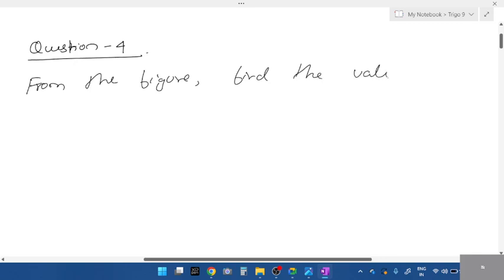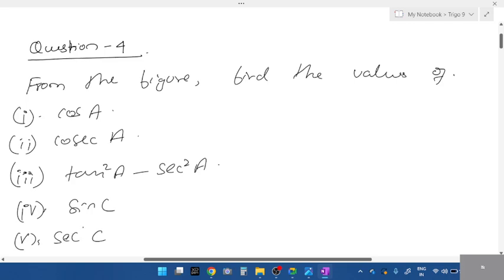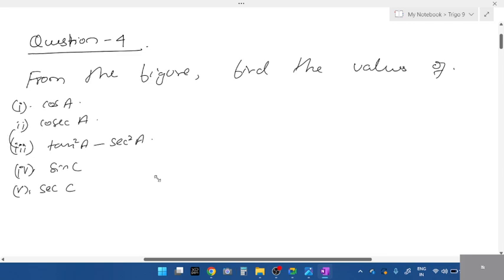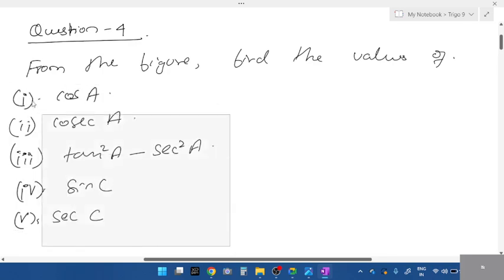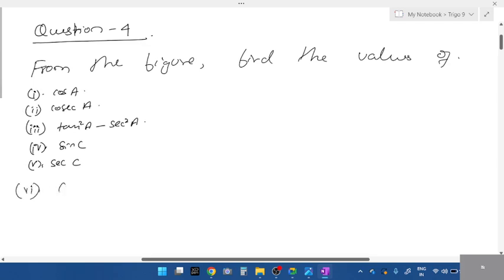Find the values of: first question cos A. Second one is cosec A. Third question, tan square A minus sec square A. Fourth question, sin C. Fifth one, sec C. Sixth one, cot square C minus 1 by sin square C.